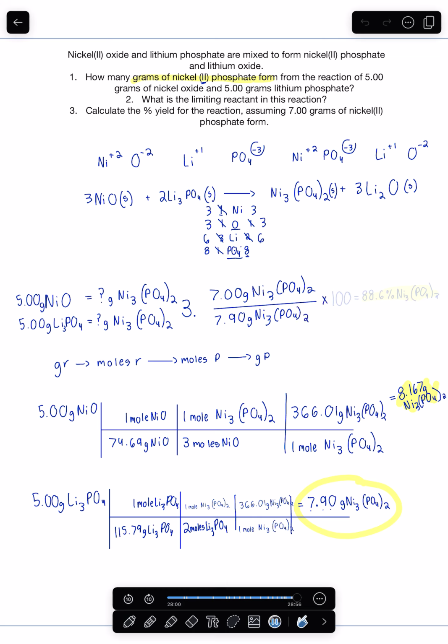And then times it by 100 to get our percent yield. Again, still making sure we are watching our sig figs. We get 88.6% yield.